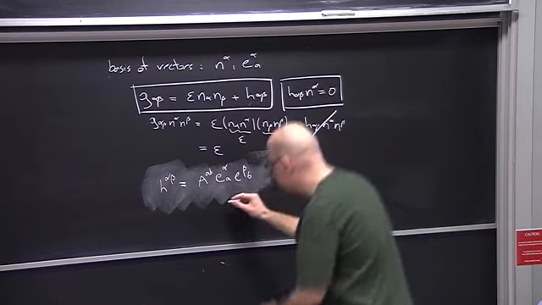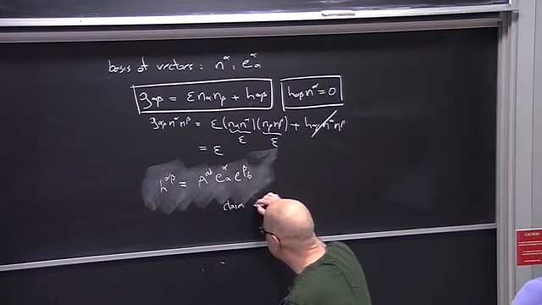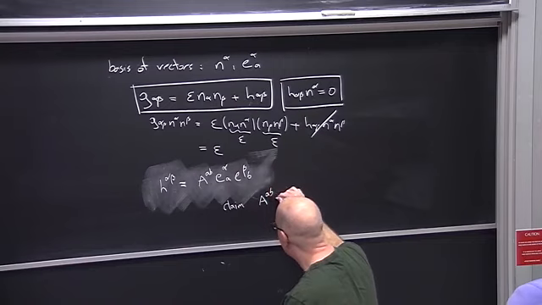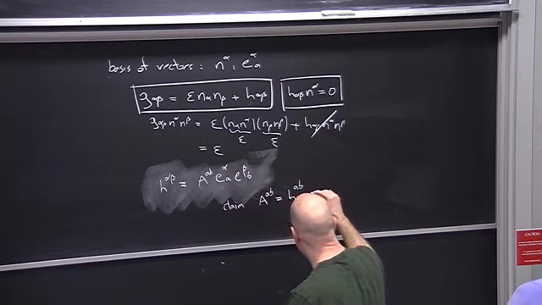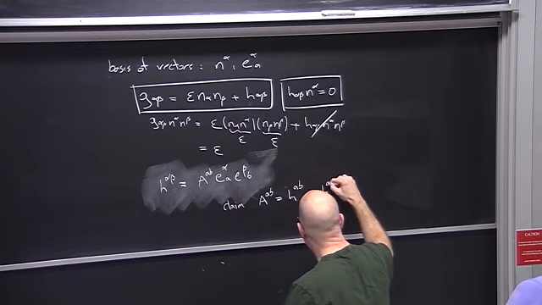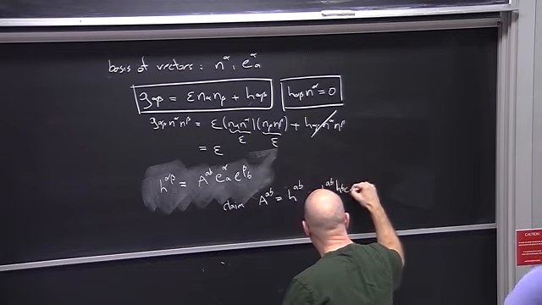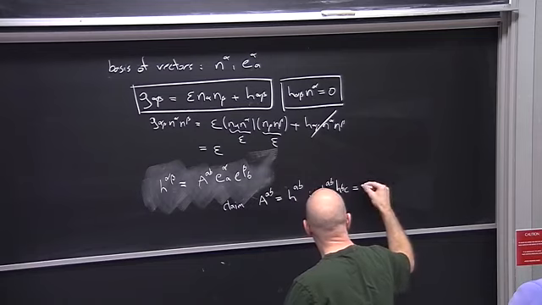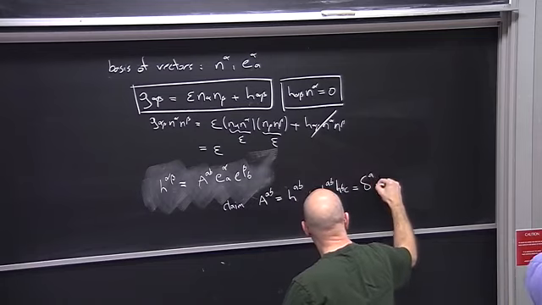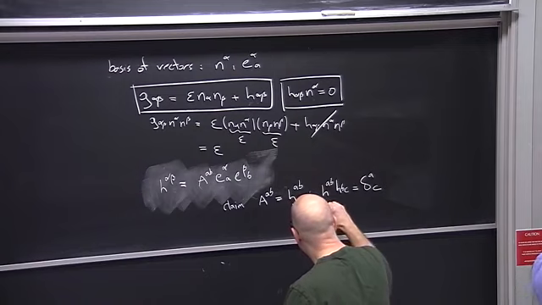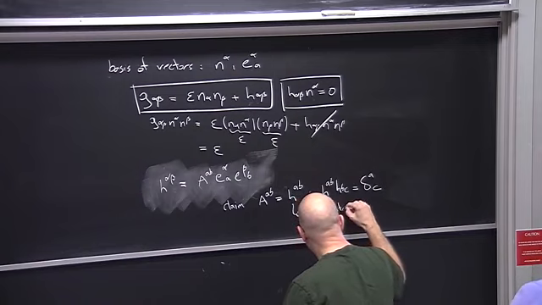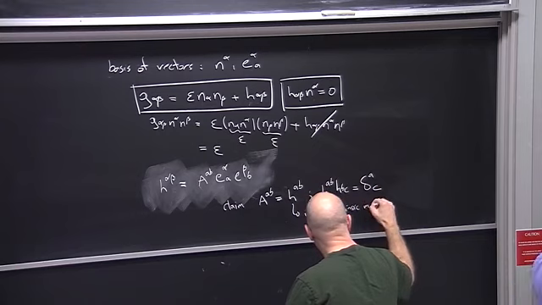So the claim is that A^{AB} is the same thing as h^{AB}, and to prove this, you have to do a calculation. The definition of h^{AB} is that if I multiply it by the original h_{BC}, I get the identity matrix back. So this is really the inverse intrinsic metric.